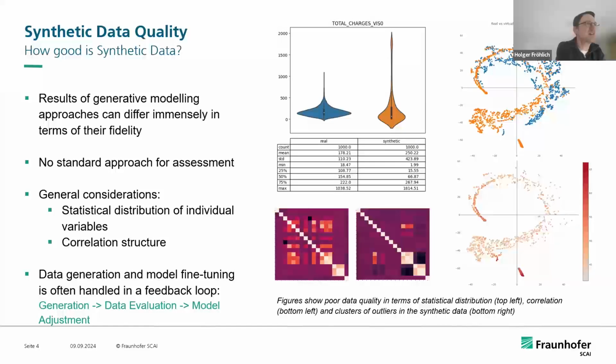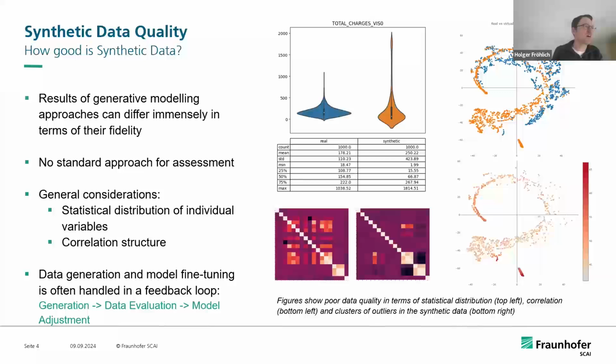You see a violin plot of real data on the left-hand side and synthetic data on the right-hand side, and obviously there are certain differences. Specifically for variables in this very high range, you may generate something in the synthetic data that's actually not visible in the real data. So there may actually be artifacts.